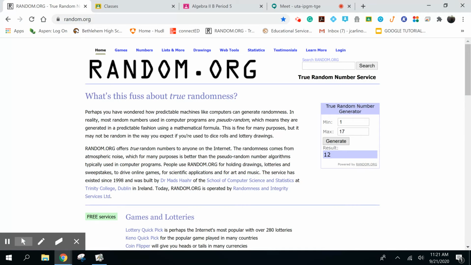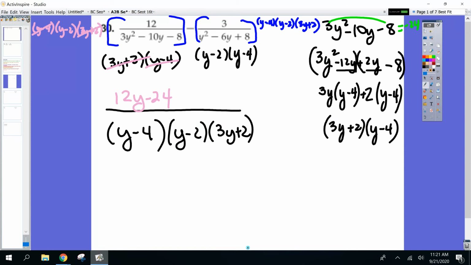Hi, Dan. What's going to cross out first, Dan? It's going to be the y minus 2. Okay, and what else? The y minus 4. So the only thing left from the common denominator is 3y plus 2, right? Yep. All right, I'm just going to ask this. What's your next move? Be careful what you say.